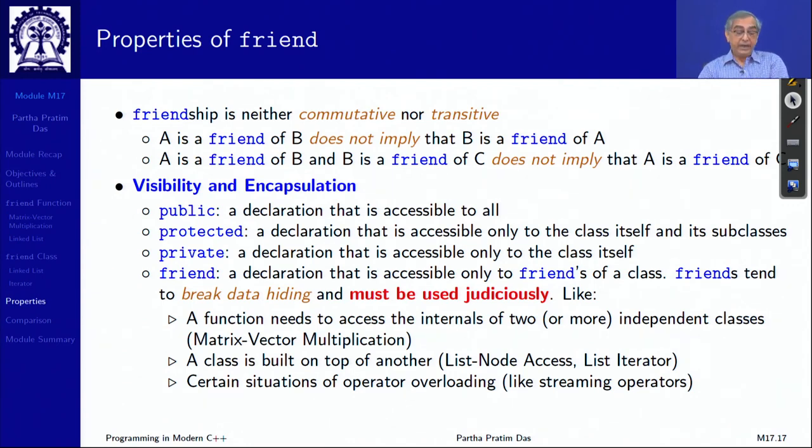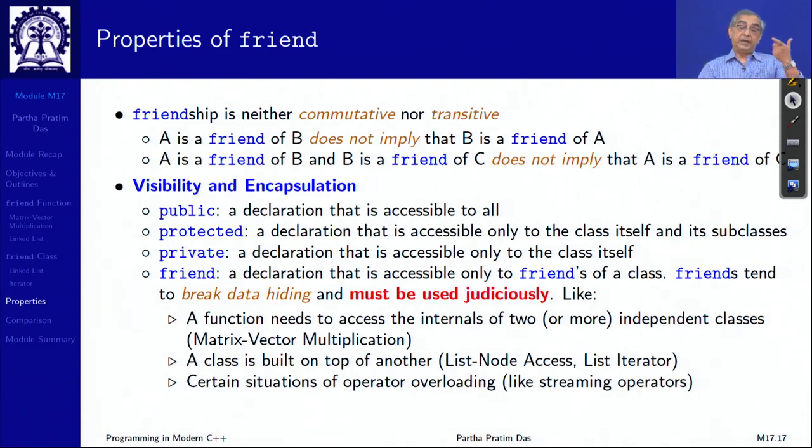In terms of visibility and encapsulation, as you can see, public is visible to everyone, protected, as we will see subsequently, is visible to the class as well as to its subclasses, private is visible to only the class itself, and friend, anything which is a friend, will have the visibility like the private. Right.